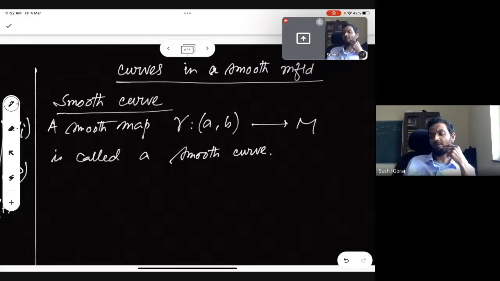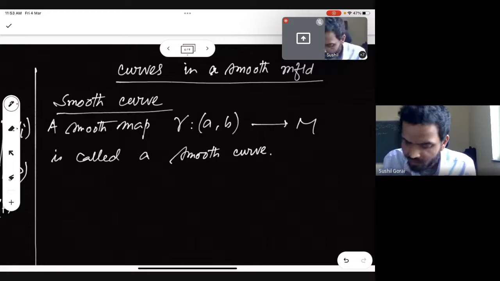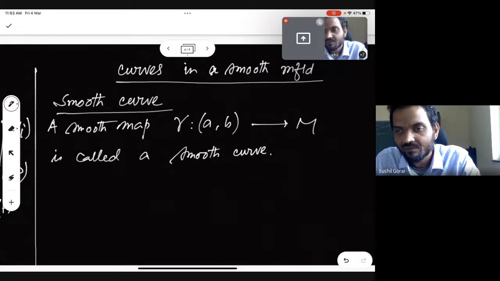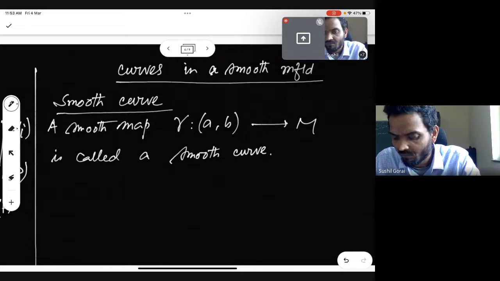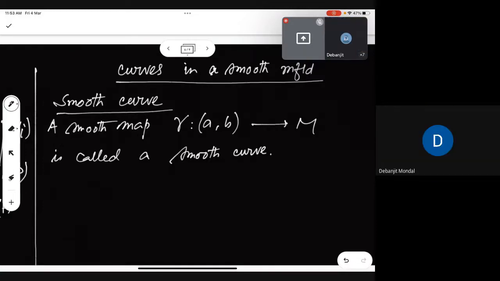Now once we have a curve, what is the tangent space of an interval AB? Devanjit, can you tell me what is the tangent space of the interval AB? It is R, a real line.